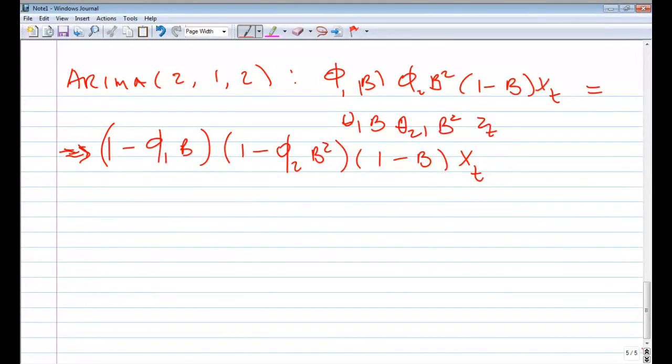It's different from when you have only P equal to 1, in which case you are going to have only phi 1, autoregressive of order 1. In this case, P is equal to 2, meaning it's autoregressive of order 2. Immediately when you have autoregressive of order 2, you are going to have phi 1 and phi 2. So that is why we are having phi 1 and phi 2 there.